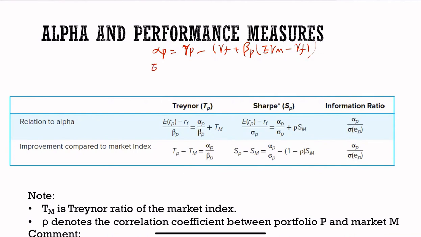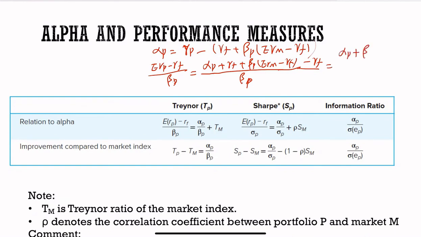So what you can see here is ERP minus RF can be written as alpha P plus RF plus beta P ERM minus RF divided by beta P, which would give you alpha P plus beta P ERM minus RF divided by beta P. And then this will give you alpha P over beta P plus ERM minus RF, right?